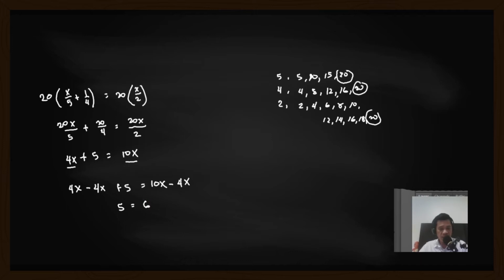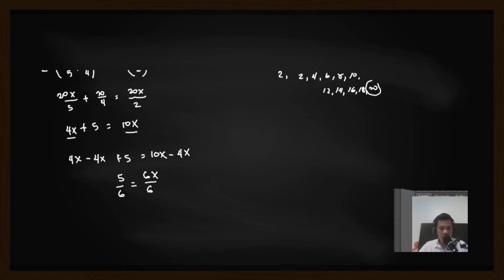And then copy the variable x. So remember, in adding and subtracting expression with the same variable, all we have to do is add or subtract the number and we copy the variable. So, we divide both sides by 6. Ayan. And then, make sure our equal sign is along with the fractional bar. So, cancel. And then, we have now x is equal to 5 over 6.